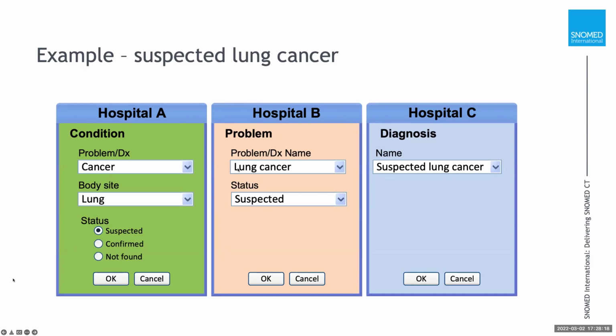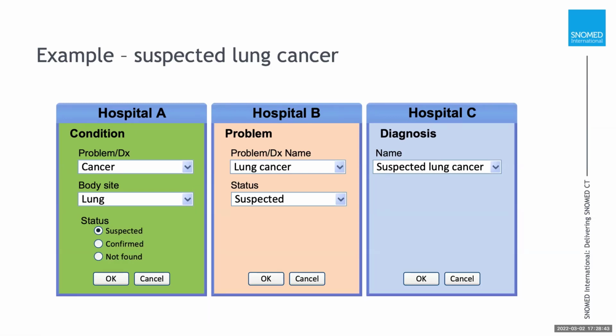In Hospital B, they have a drop-down list where they can select lung cancer, so a more detailed term. But again, they also have a status field where they can indicate whether it's suspected, confirmed, or not found. But over here, they have a different value set because they just have the ability to enter suspected lung cancer.